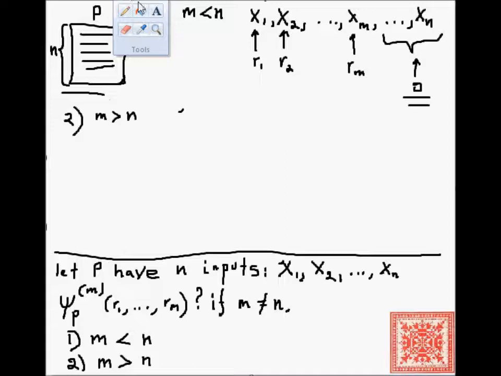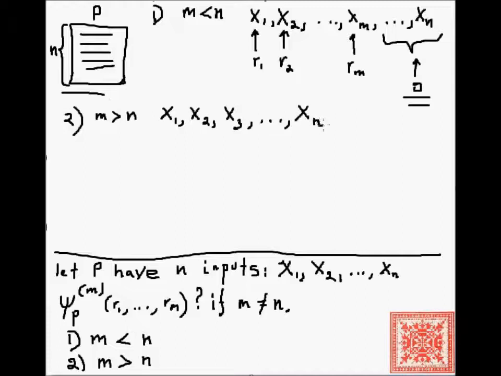In that case, we have x1, x2, x3, up to xn, and these are the inputs, and then we get the values R1, R2, R3, up to Rn, the input values that we actually give the program, but there are more values than input registers, if you will.